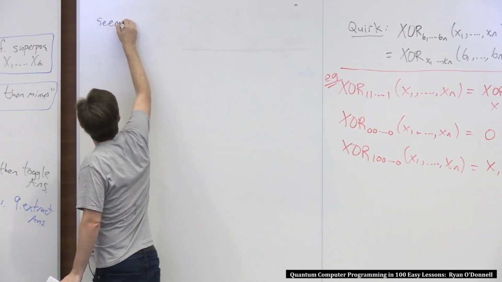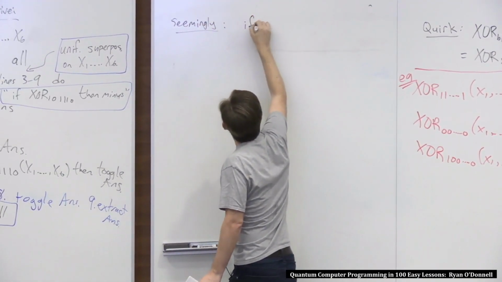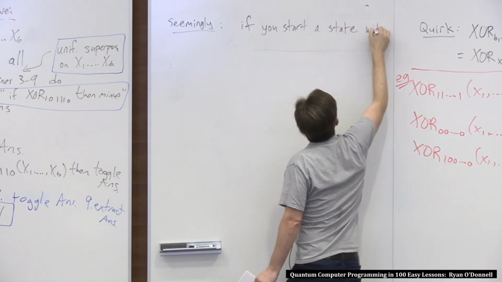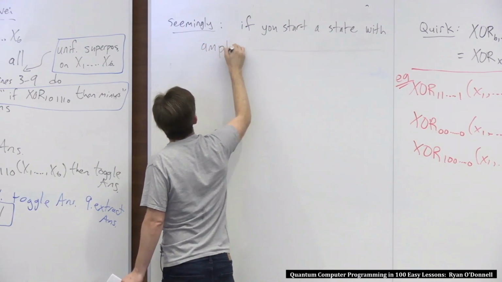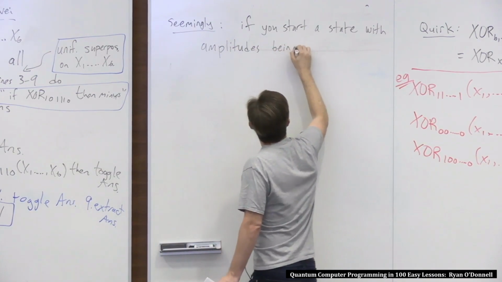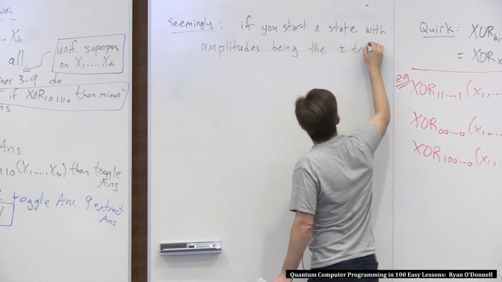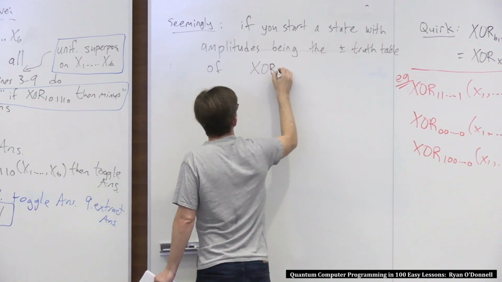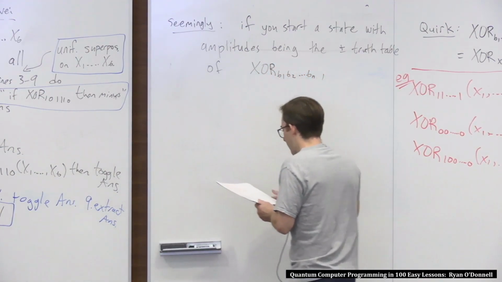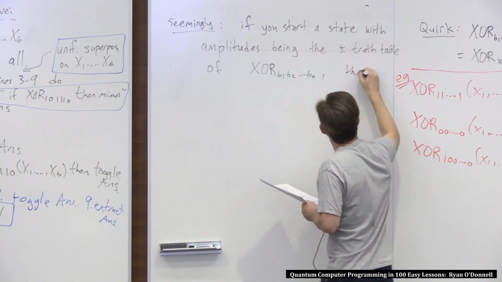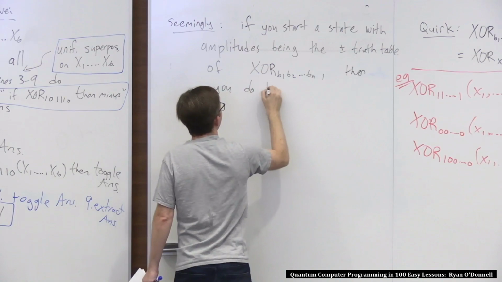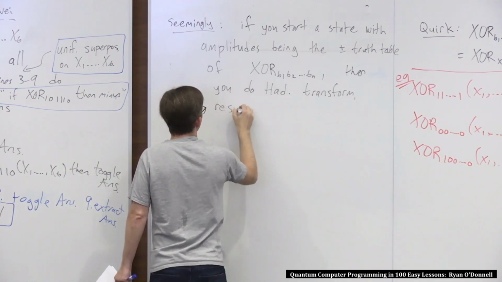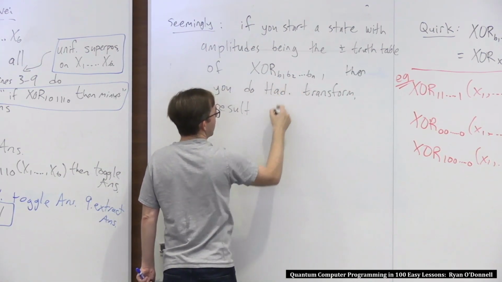Seemingly, if you start with a state with amplitudes being the ±1 truth table of some bitmasked XOR function, and then you do the Hadamard transform, the result is just all amplitude on this basic state.